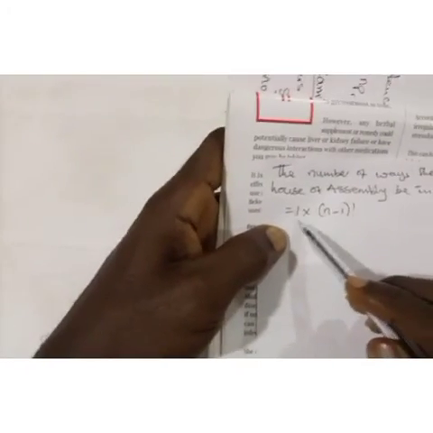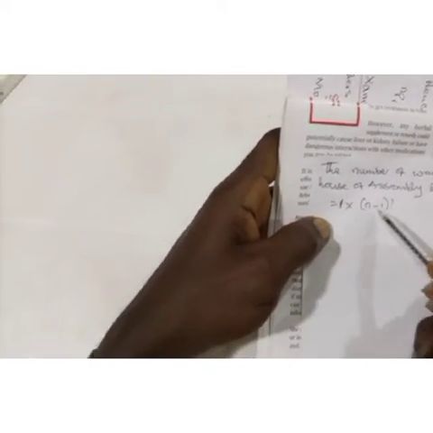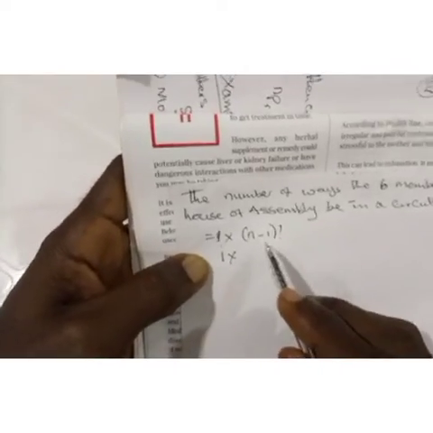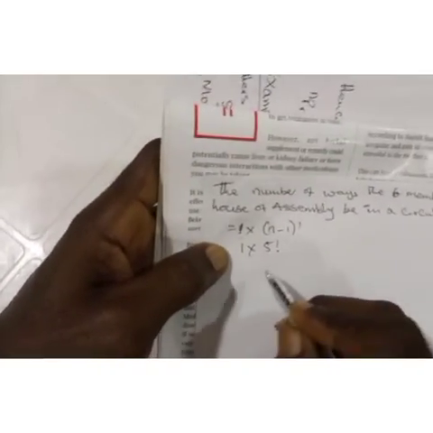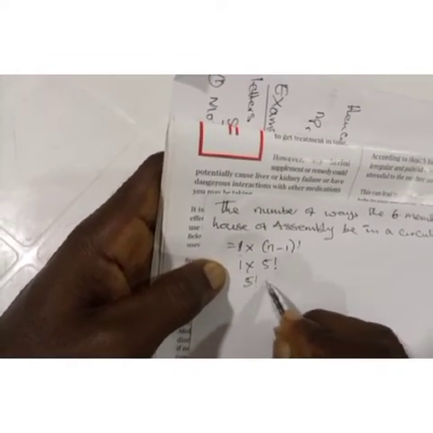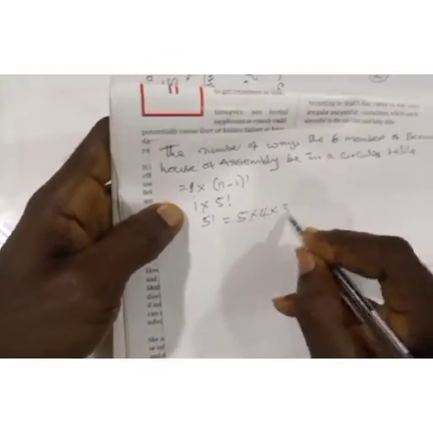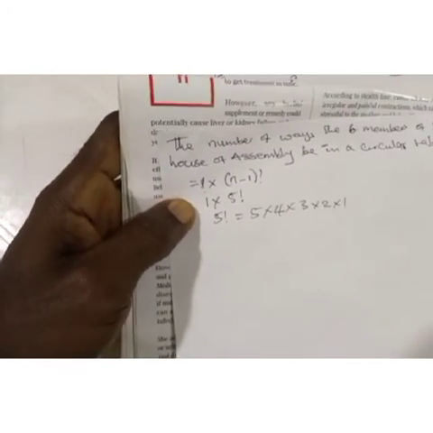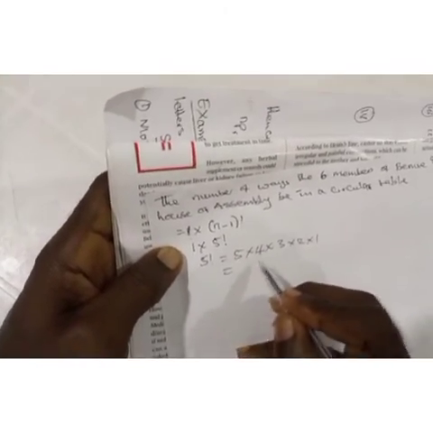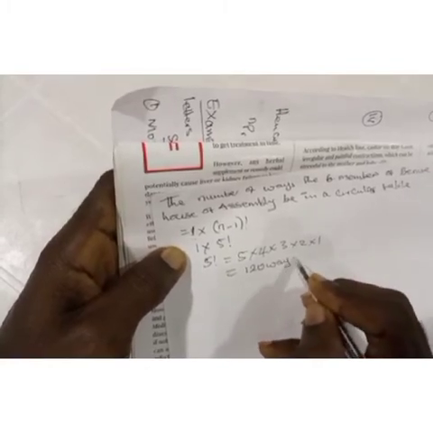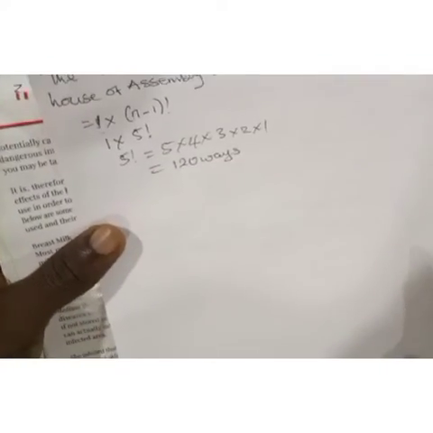Then we have 1 times (6 minus 1), which is 5 factorial. 5 factorial is 5 times 4 times 3 times 2 times 1. 5 times 4 is 20, 20 times 3 is 60, 60 times 2 is 120, which will be 120 ways.